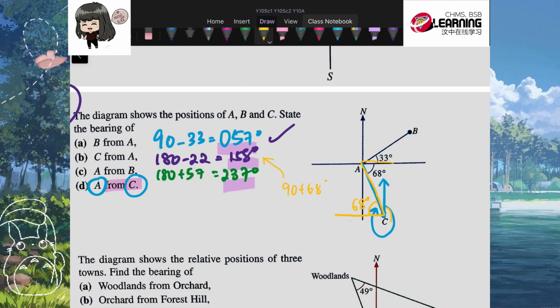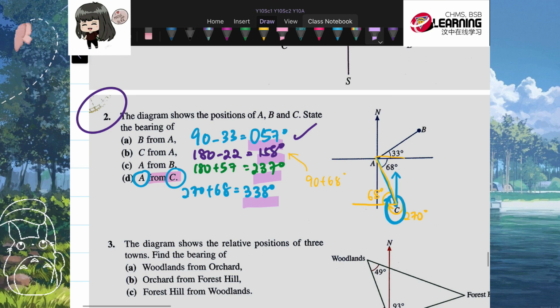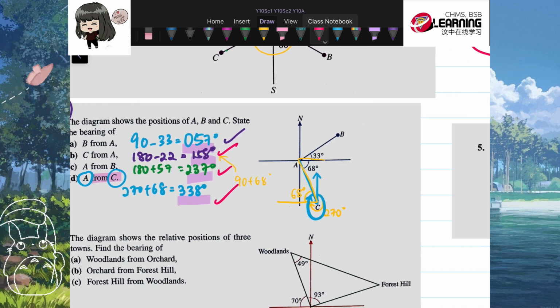And this one until here is 270. So the bearing is 270 plus 68. So 270 plus 68, we get 338 degree. So tick all your answers and do corrections if you have made any mistake.